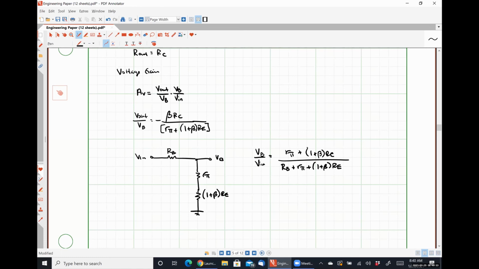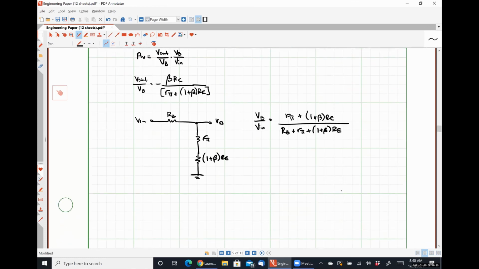So from this, my voltage gain is, let's see, R pi plus (1 plus beta) RE divided by RB plus R pi plus (1 plus beta) RE, multiplied by negative gm RC over R pi plus (1 plus beta) RE.